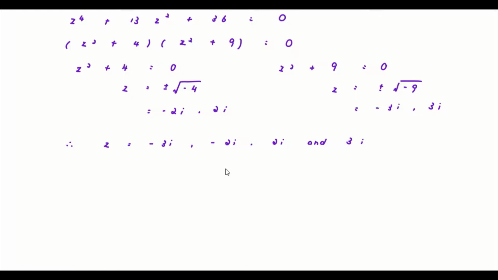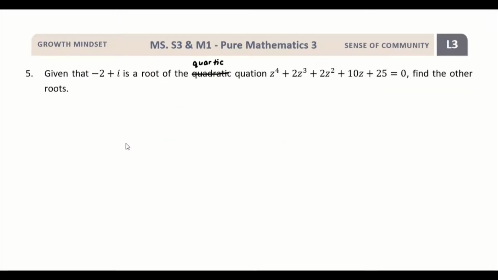Okay, so let's go to number 5, the last question before we move on to the next part. Number 5, given that negative 2 plus i is a root for the quartic equation, find the other roots. So this is pretty similar to number 4, but this is a complex number rather than an imaginary number. I'm just going to fast forward the working. So you're going to do the working by yourself, then after that, check your answer.